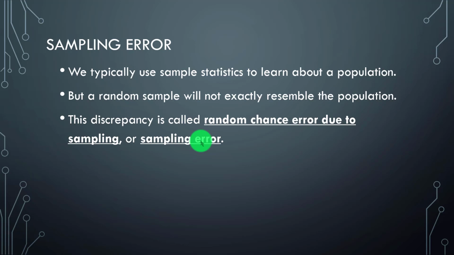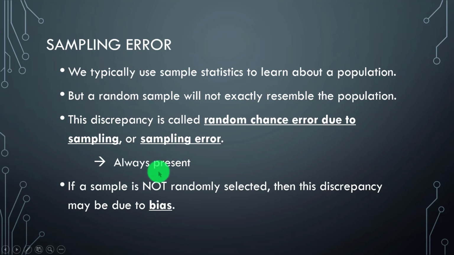This discrepancy, if you will, is called random chance error due to sampling, or more simply, sampling error. So this is always present and should be expected. As long as a sample is randomly chosen, then any discrepancy between the sample and the population is due to what's called sampling error.